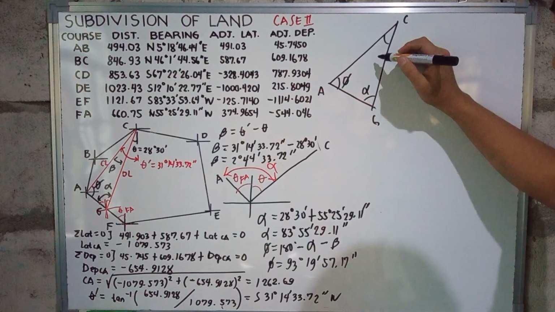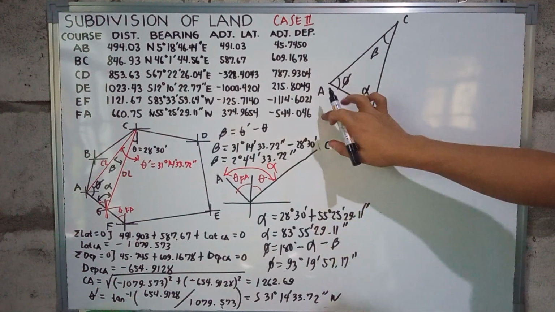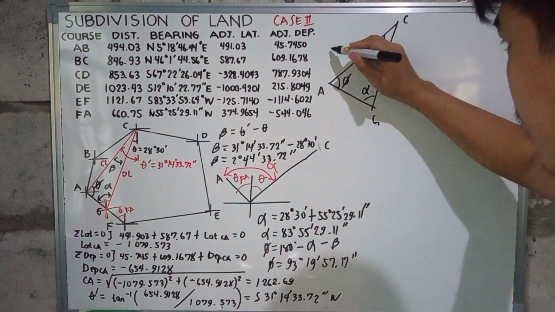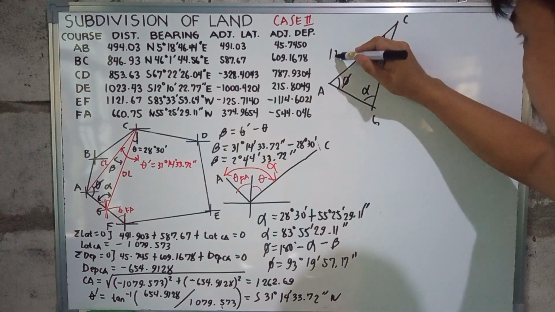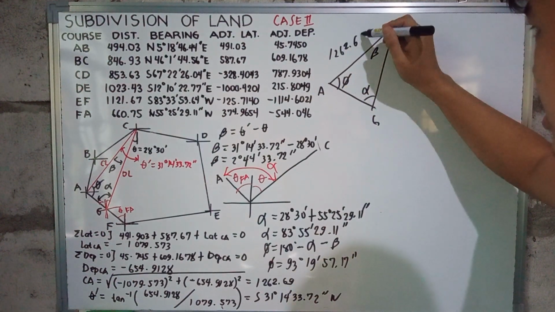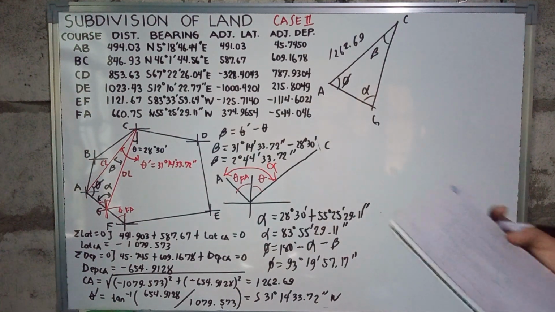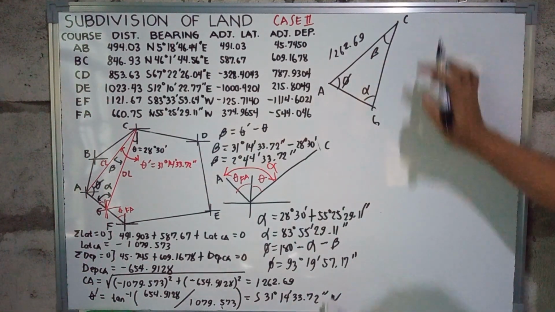And then, this is the beta. So, from C to A, yung length niya is 1,262.69. So, hahanapin na lang natin is the value of our C to G.